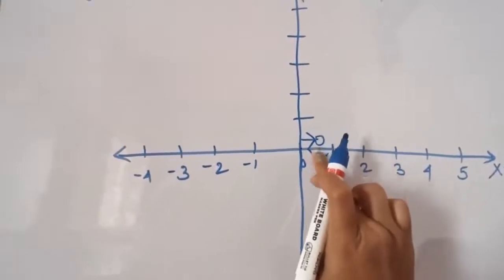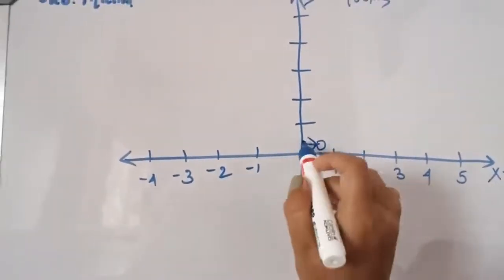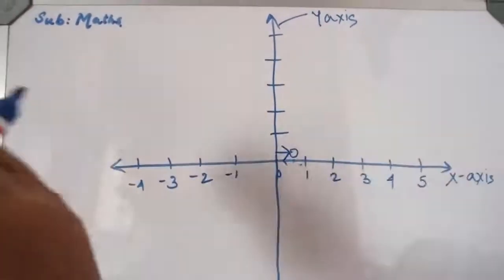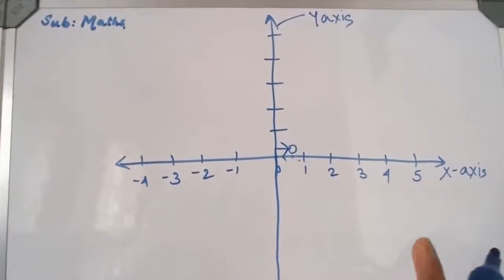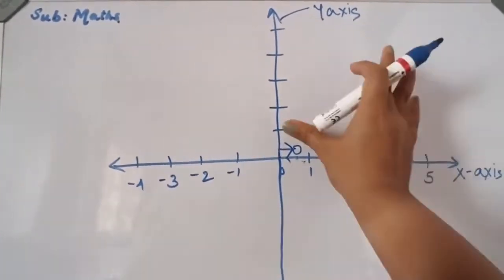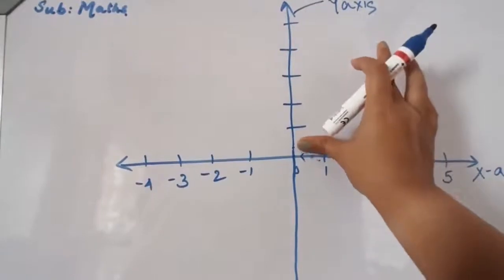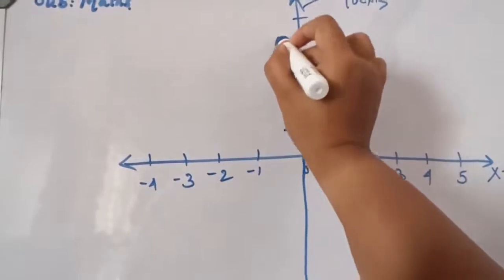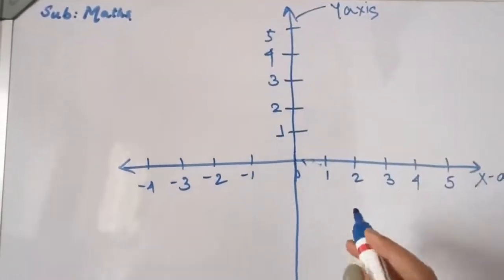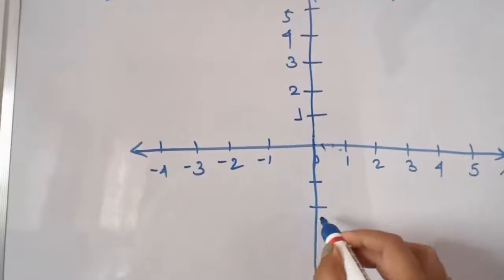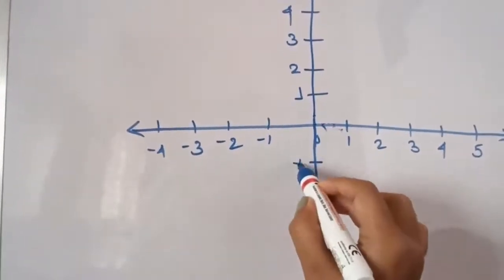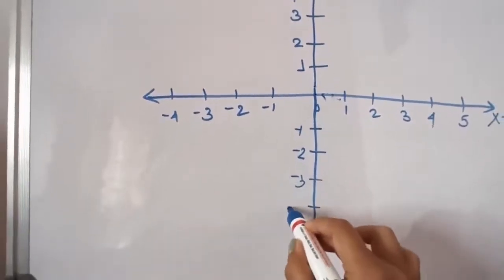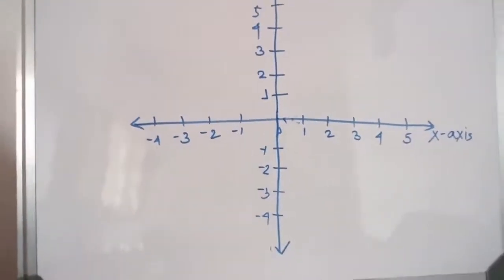Similarly, when I am facing this side of the y-axis, my right hand will always show the positive numbers. So this side are all positive integers, and this side are the negative integers. Negative integers of which axis? Y-axis.